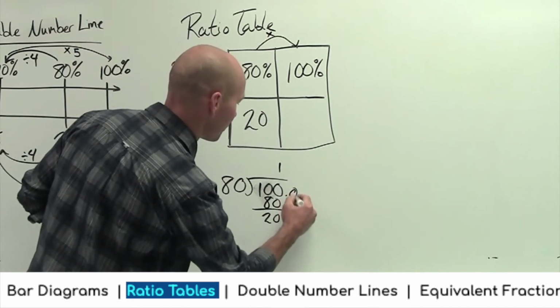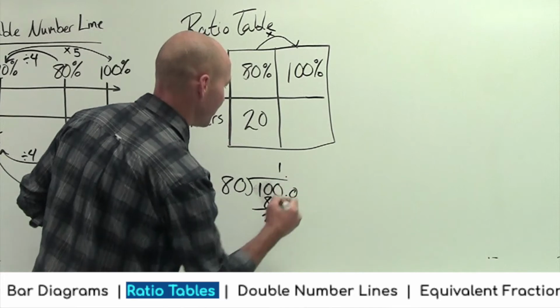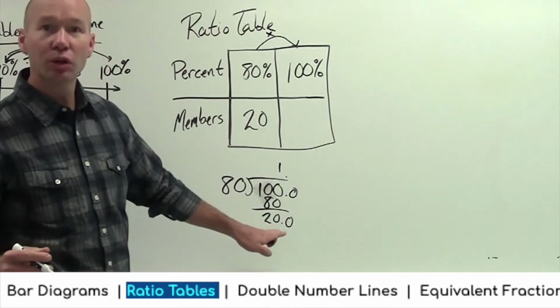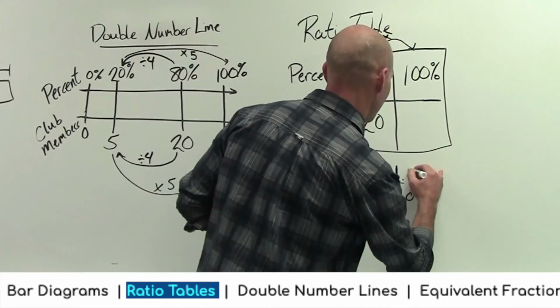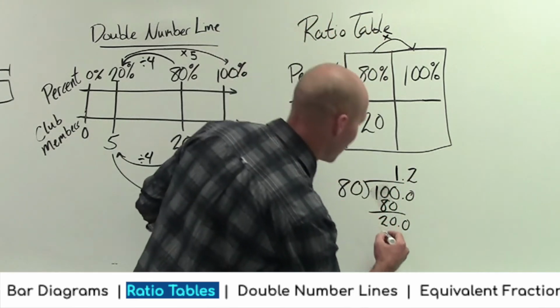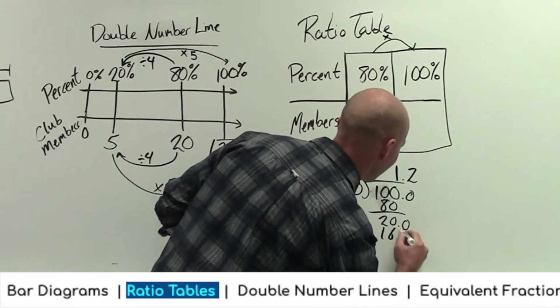So I'm going to bring down a decimal. 80 goes into 200 how many times? 2 times. 2 times 80 is 160.